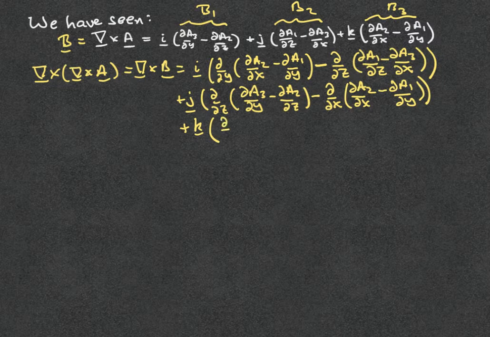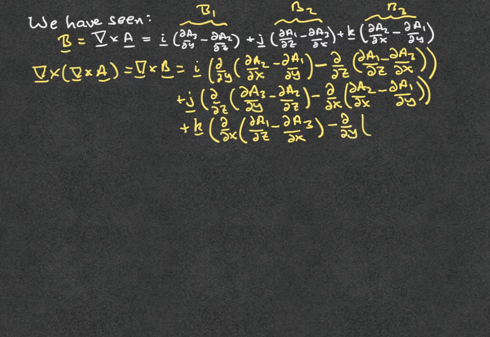And then in the k direction it's plus k, open brackets, and it's d by dx. Previously it was A2, we replace that with B2, which is written here, so that's open brackets dA1 dz minus dA3 dx, close brackets, minus d by dy, which we see from here, acting upon what would now be B1.